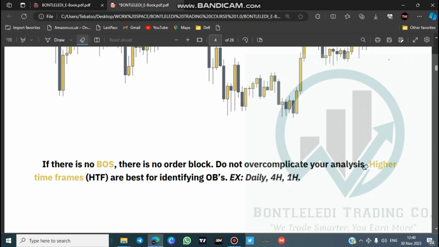Do not overcomplicate your analysis on higher time frames. Guys, higher time frames are the best for identifying order blocks, like for example your daily, your 4-hour and your 1 hour. These time frames have high probability order blocks, so they rarely make mistakes, right?